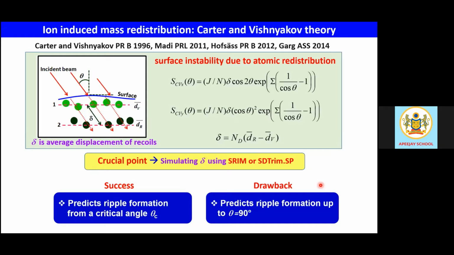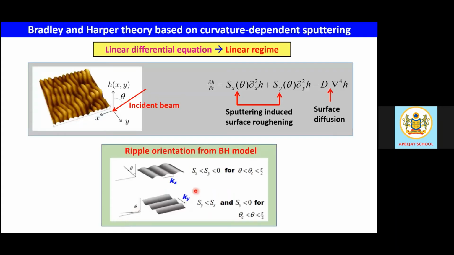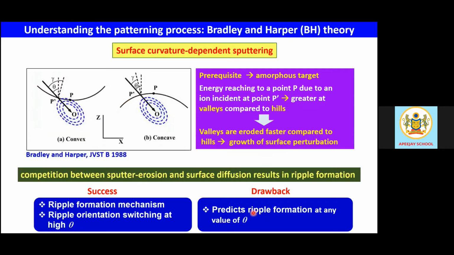According to this model also, there are certain successes, that is, it also predicts ripple formation, but only from a critical angle theta c. That's the theta c we talk about. And that's what we identified as the drawback of the Harper theory, where it predicts ripple formation at any value of theta.